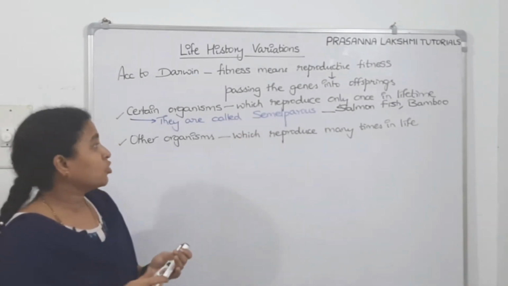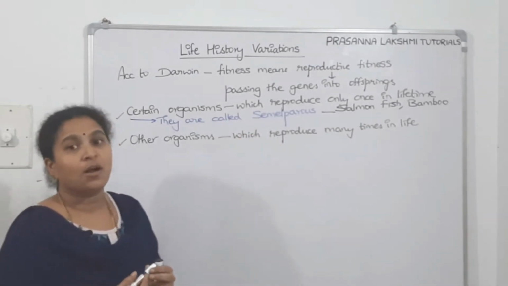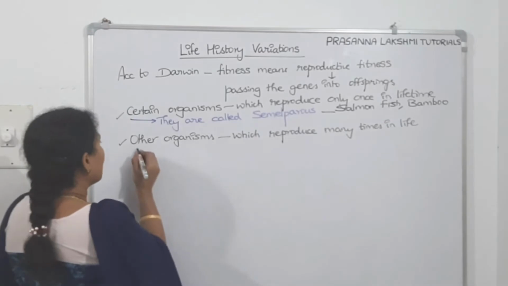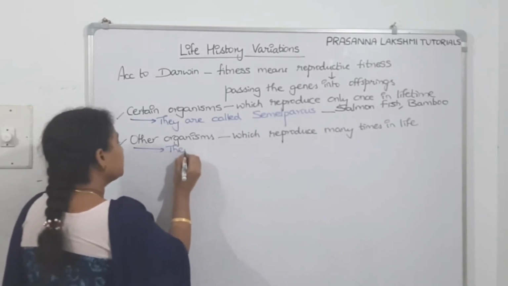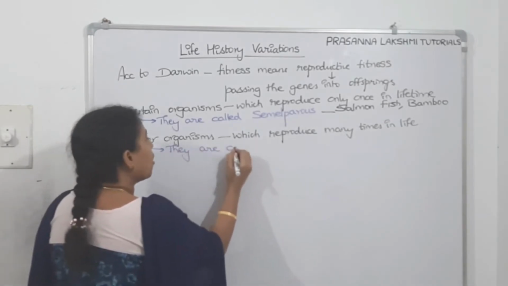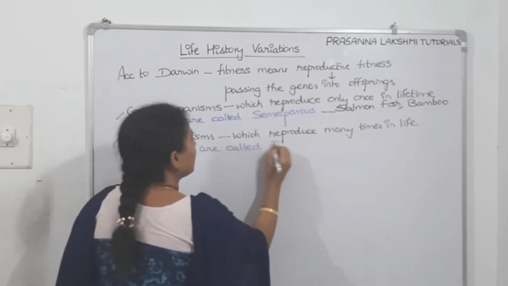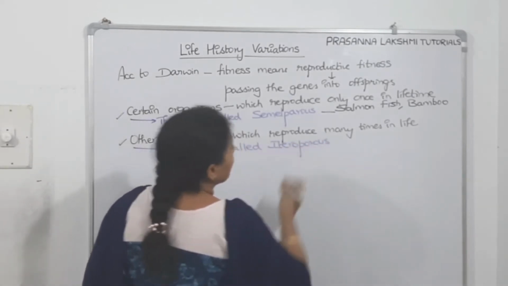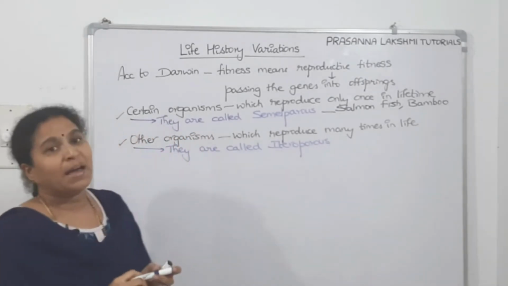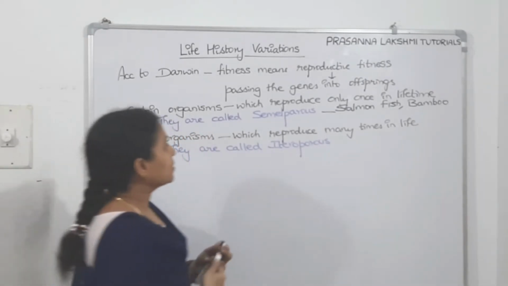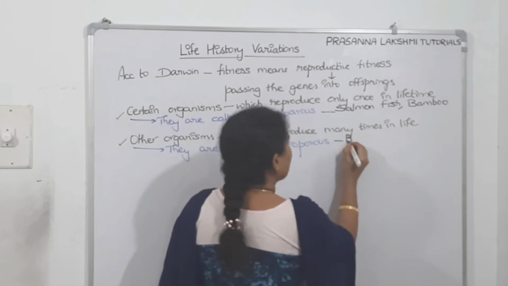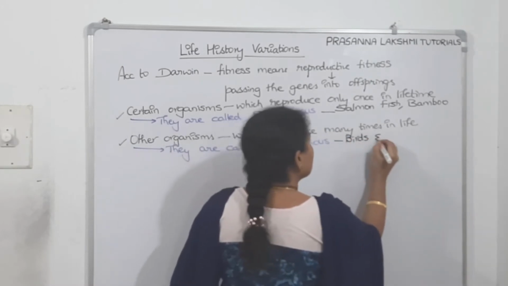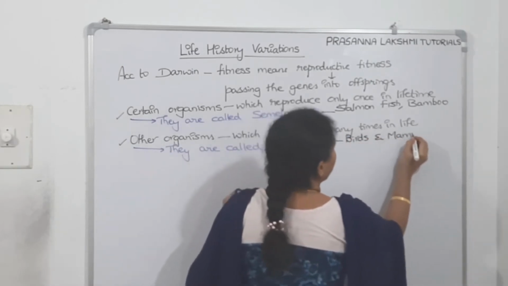The organisms which reproduce many times in their life, what are they called? They are called heteroparous. Examples for heteroparous are birds and mammals.